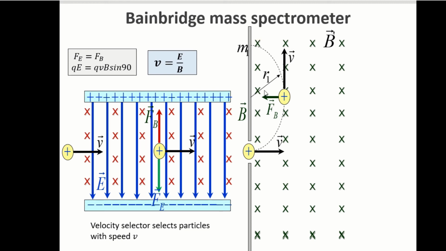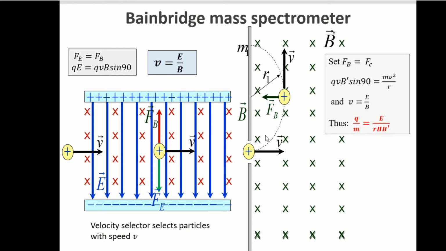You have learned in semester 1 that if the particle moves in a circular path, it has a centripetal force that is provided by the magnetic force, because the magnetic force is always pointing to the center of the circular path. So mathematically we can write F_B equals F_C, where F_B equals QVB prime.